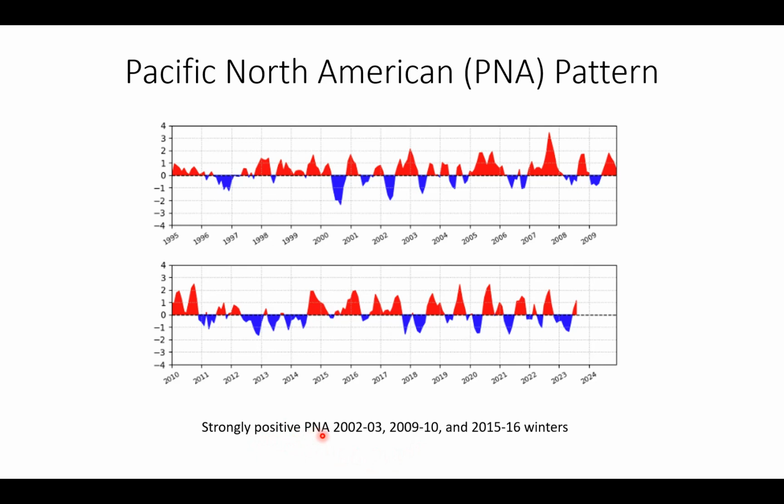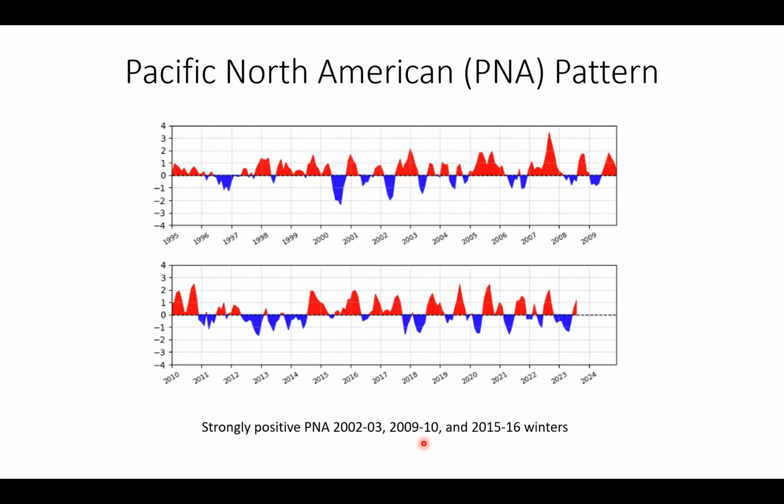Strongly positive phases of the PNA actually occurred in all three of these winter seasons. You can look here at the graphic, 2002-2003. The end of 2002 and 2003, early in that period, you see a major spike into the positive territory, the red coloring, indicating positive PNA.